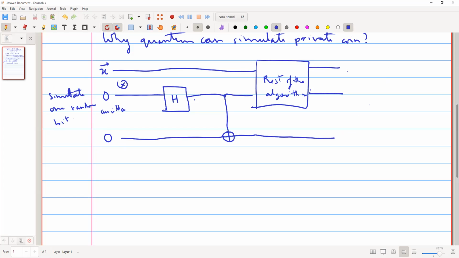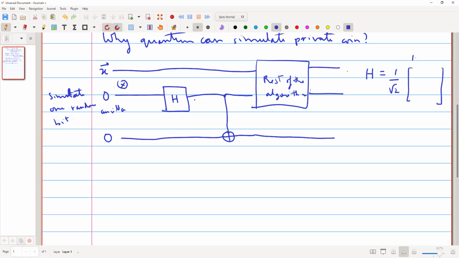So let me write down what the gates are. Remember the Hadamard is the unitary operation acting on one quantum bit. One quantum bit is a 2-dimensional system, so it's a 2x2 unitary matrix. I just have to say what its description is in terms of the standard basis.